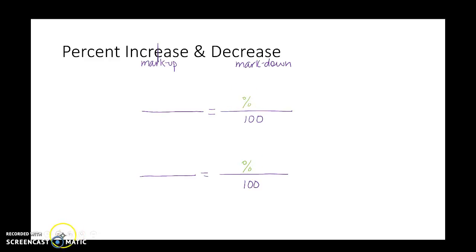The difference in this percent proportion is that on the top is going to be your change. So your change is going to be the big number minus the small number. Every time, big number minus small number equals change. And then on the bottom, you're going to put original.